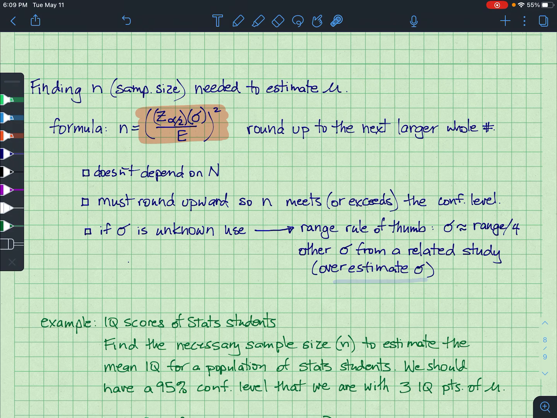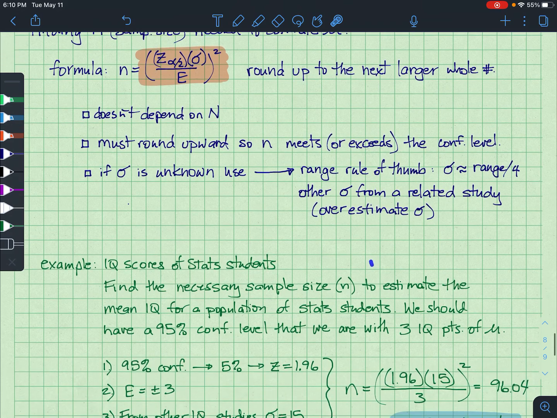Again, when you finish, make sure that you overestimate, because you don't want the error to be larger or the number of items to be less, because then you would get a worse estimate of mu. So we have to make sure that we always overestimate in these cases.